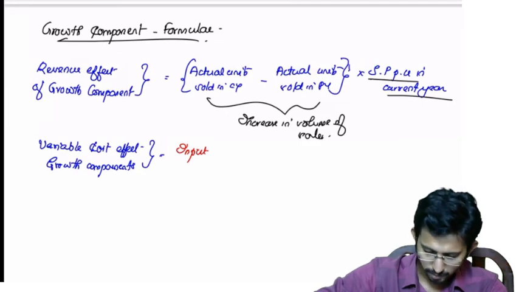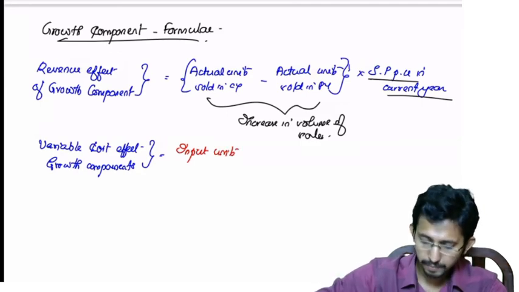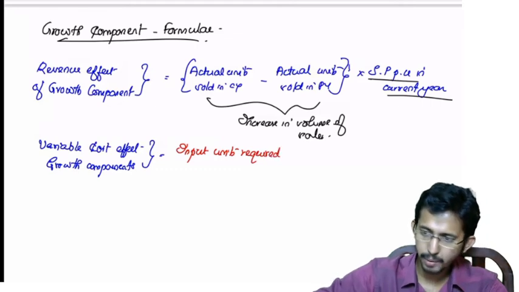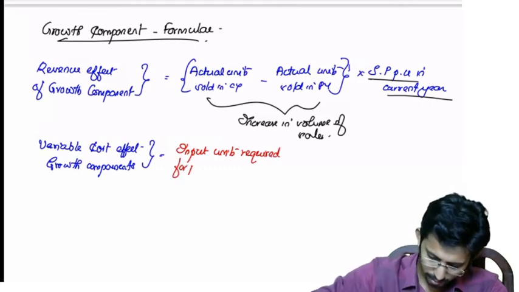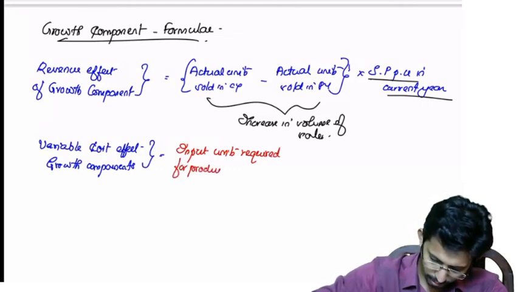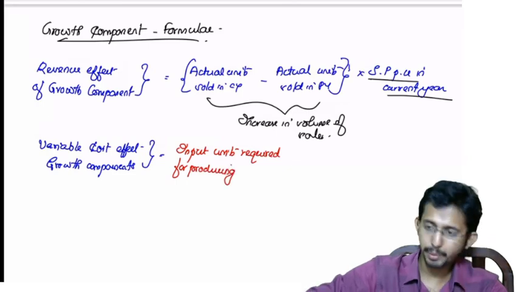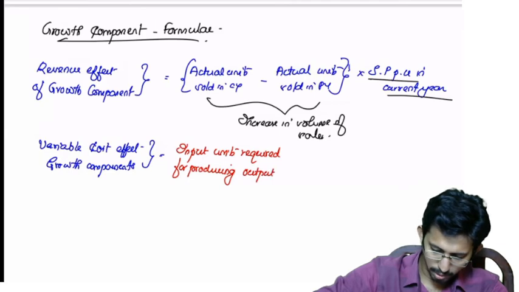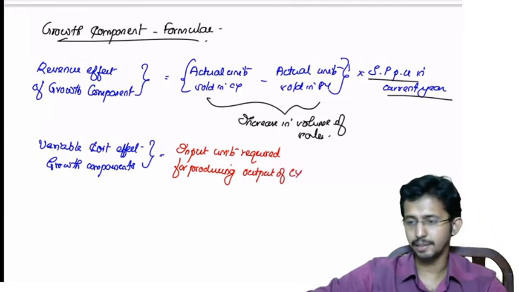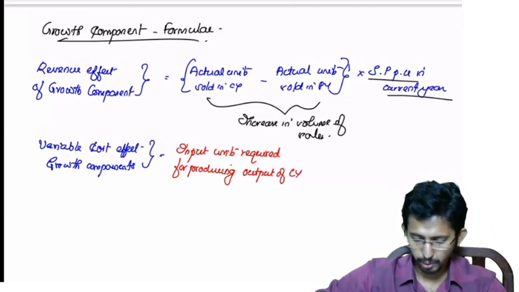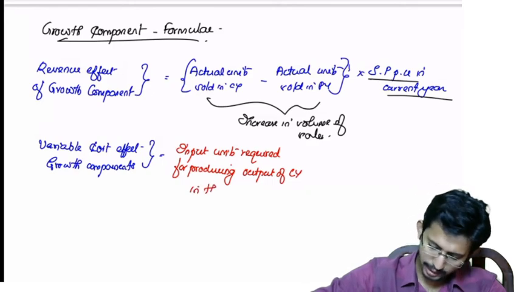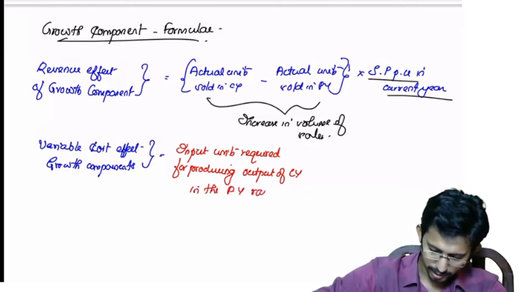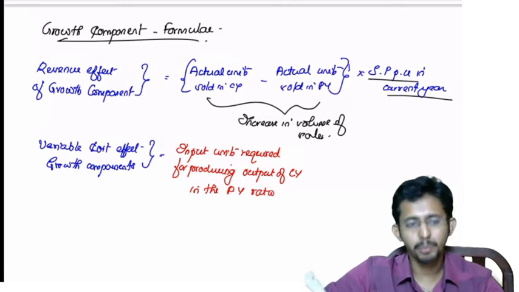Input units required for producing output of current year in the previous year ratio. What ratio? Input output ratio.